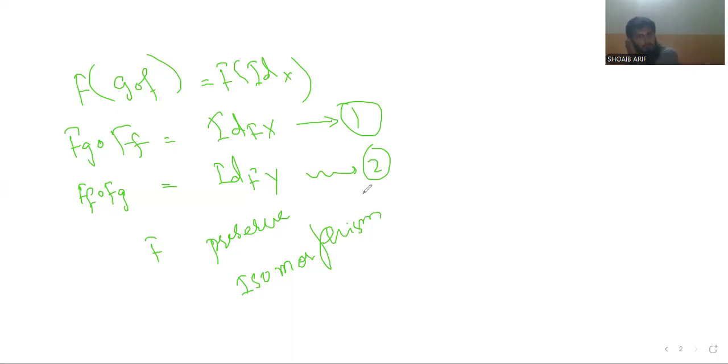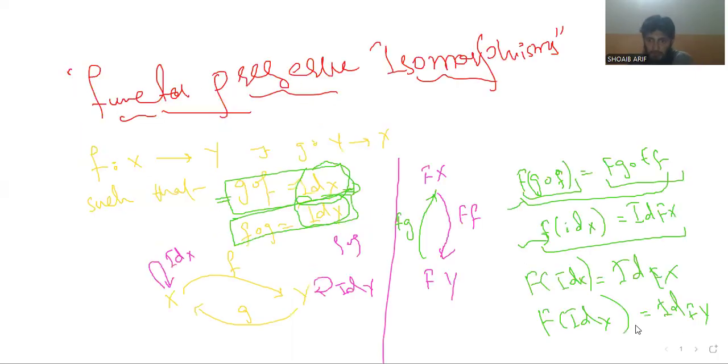So according to the definition of functor in the previous page, the functor preserves the identity morphism: F of id on X is equal to id on F of X. According to the definition, F of g of f is equal to F of id on X. So according to the definition of functor, F of g of f is equal to F of g composed with F of f, and it is sent to this.